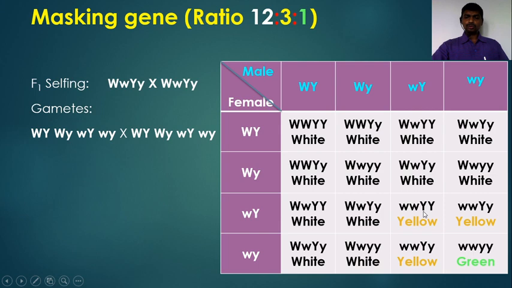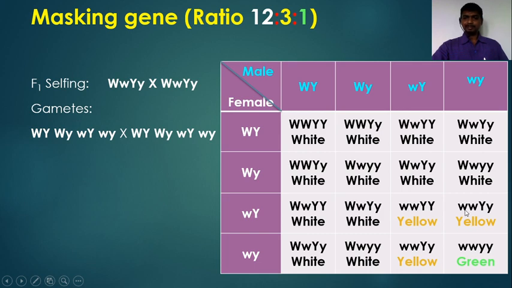So due to the presence of the dominant allele capital Y, the phenotype is yellow. This W gene allele is not able to mask the phenotypic expression of the other dominant gene Y, because here it is recessive.